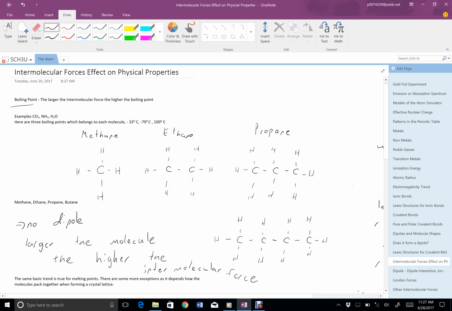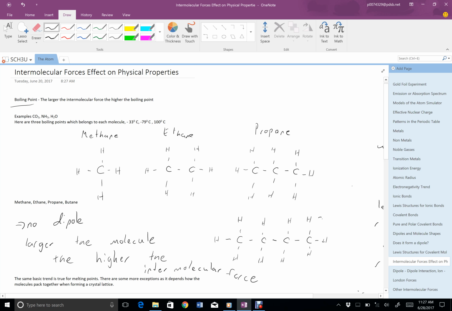There's something called London forces, and I'm going to do a separate video discussing exactly how they work. But the rule is, if there's no dipole, the bigger the molecule, the higher the intermolecular force. So what that means then is if I was going to rank these in terms of boiling points, they would go from the smallest to the largest.